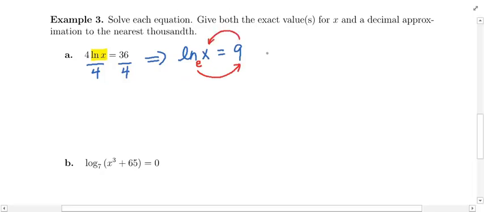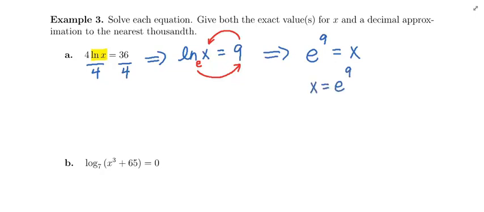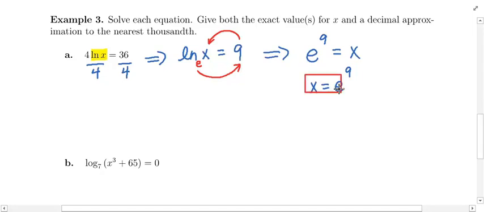So this is going to tell us that e to the 9th power is equal to x. Guess what? We're done. x is equal to e to the 9th. This is the exact answer. If you take e and multiply it by itself 9 times, that's the value of x that works.